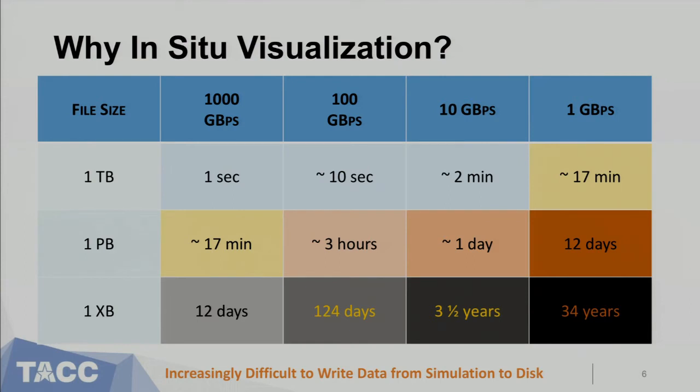And why are we moving this way? Because writing and reading to and from the file system is just getting disturbingly similar to the first graph I showed you about transferring the data off of the system. We have larger file sizes here, from terabyte into exabyte.